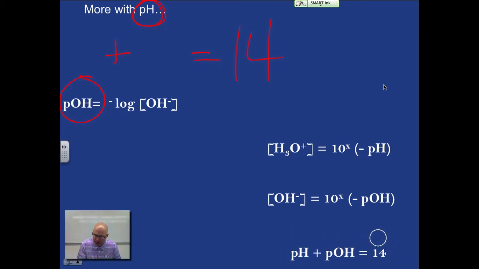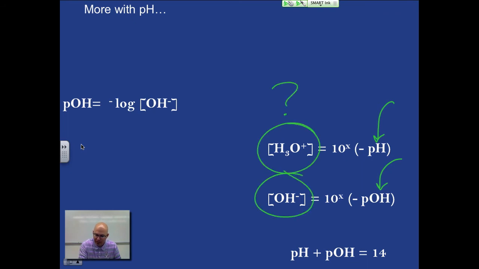Now what you see also on here is, let me grab a different color. If you know your pH or your pOH, you can determine the ion concentration. You're just taking the inverse log, okay?